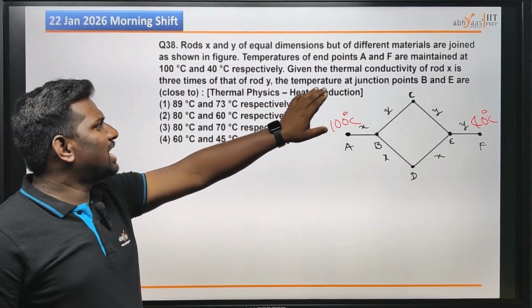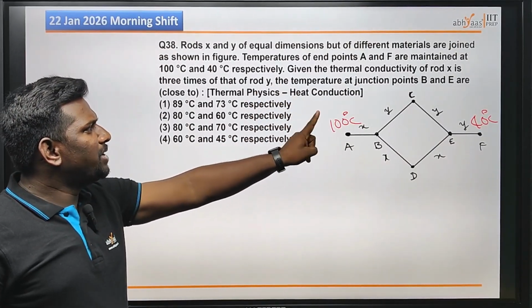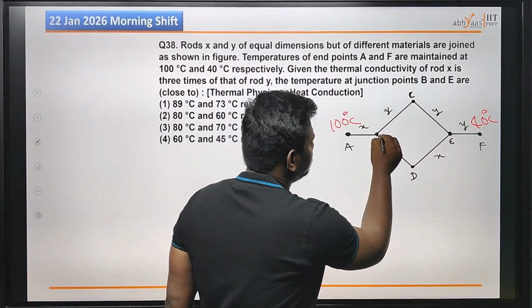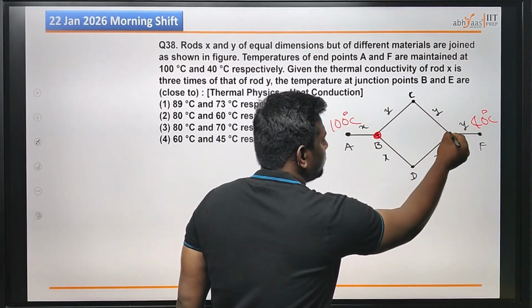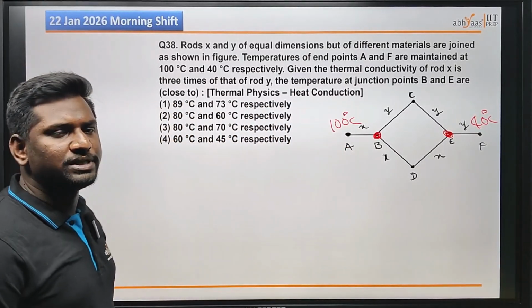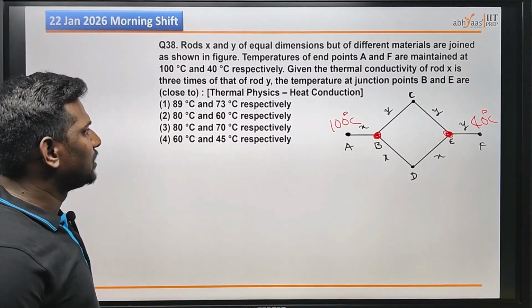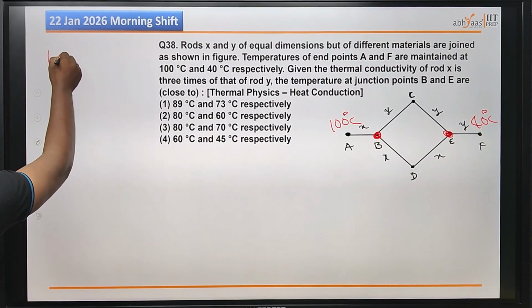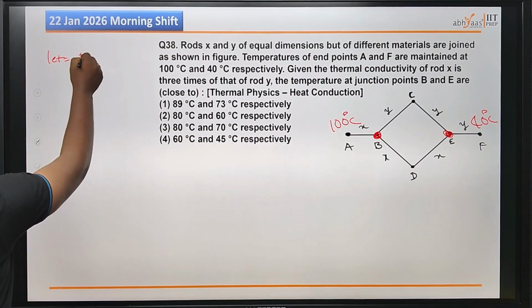Then the temperature at junction points B and E are. What they are asking? How to find the temperature at B and at E. Temperature at B and temperature at E. So take this.